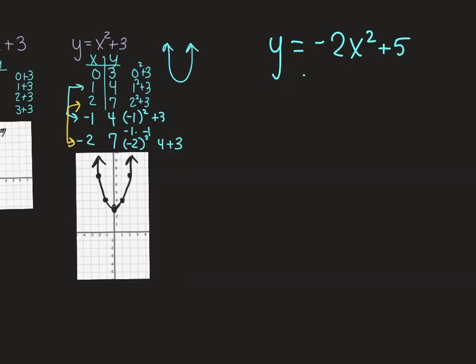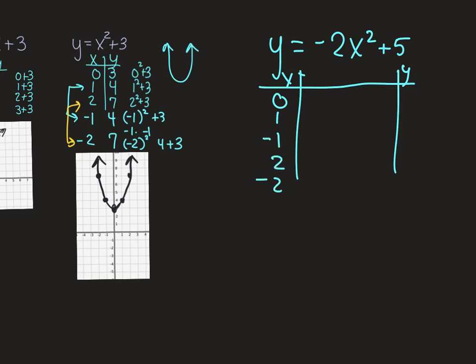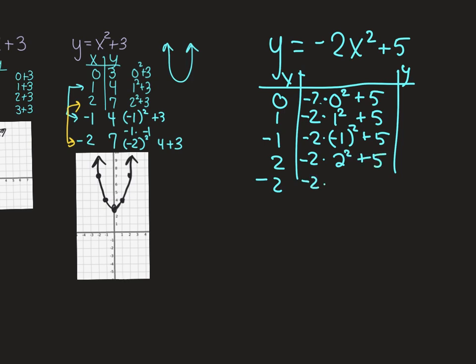Alright, let's do this one. I think I'll make my table where I can put my work in the middle. So I'm going to pick a 0. I think I'll pick a 1 and a -1, a 2 and a -2. -2 times 0 squared plus 5. -2 times 1 squared plus 5. -2 times -1 squared plus 5. -2 times 2 squared plus 5. -2 times -2 squared plus 5.